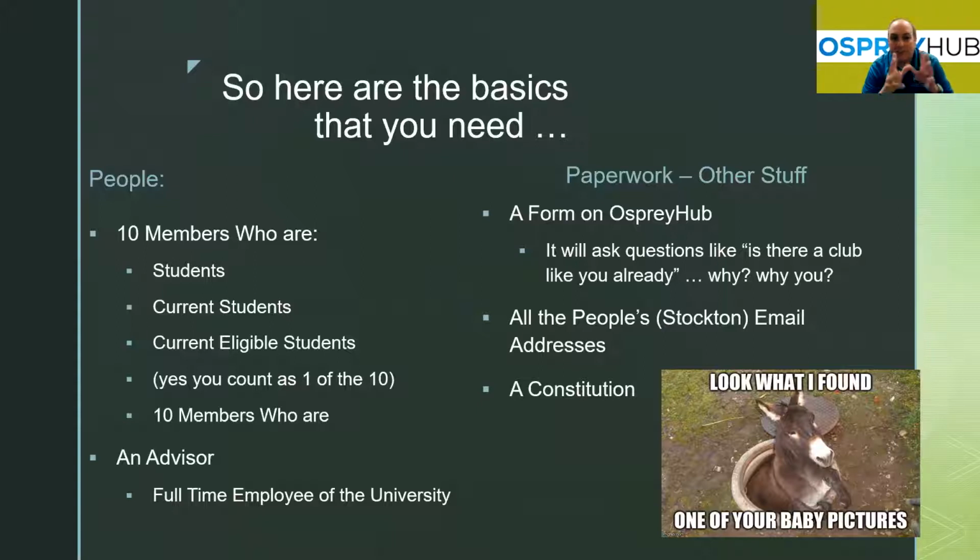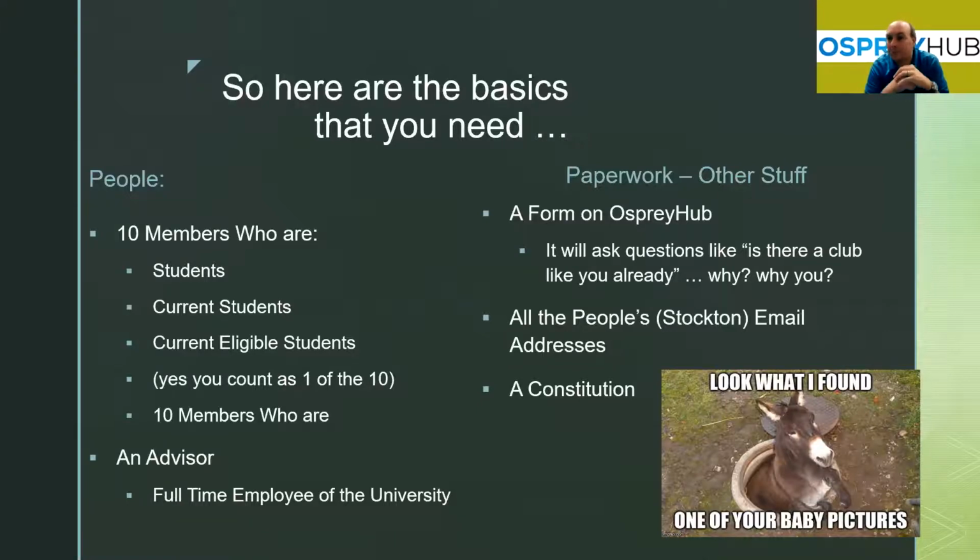So there it is. 10, these are the people that you need. 10 eligible students, 1 eligible advisor, okay? And like I said, you can have 30 advisors and you can have 75 students. That's great. The minimum is 10 and 1, all right? After that, there is some paperwork. There's a form on the Osprey Hub, and I'm going to show you exactly where that is. But it's going to ask you a bunch of questions that are going to make sure that all of those questions on the first slide you're able to answer.